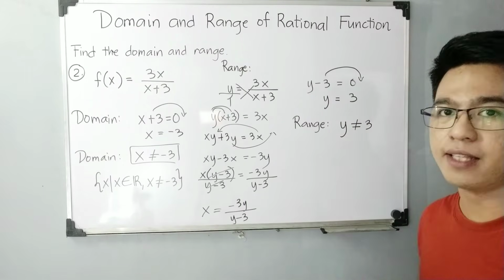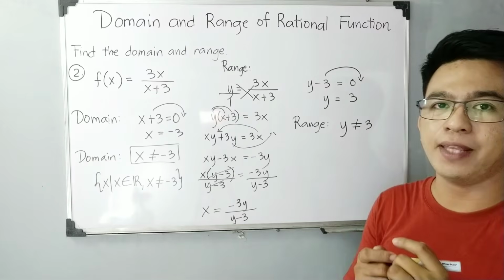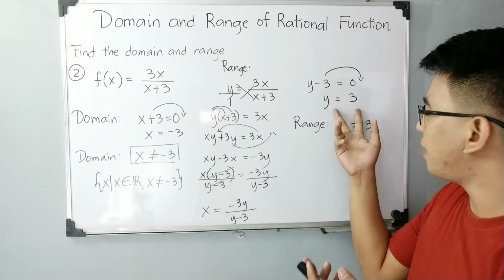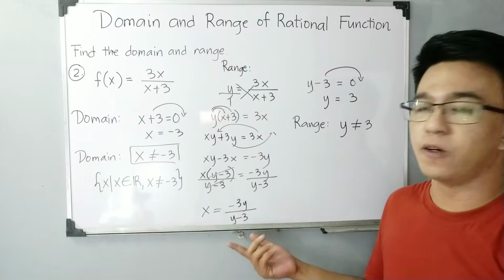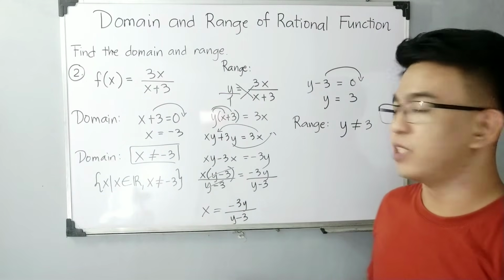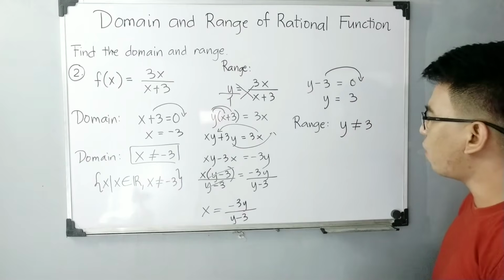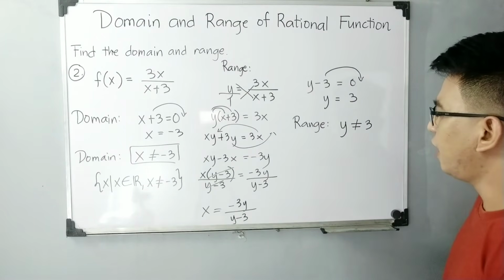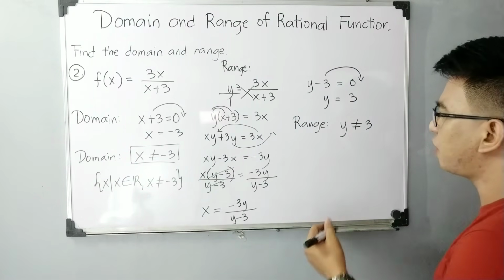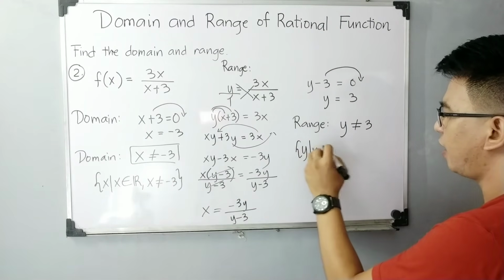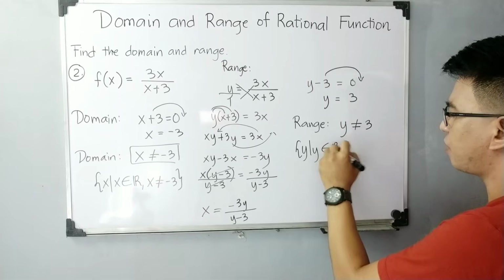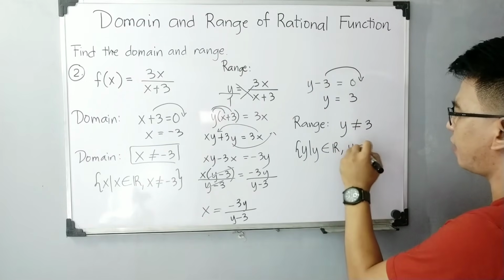Gets nyo naman, di ba, kung bakit hindi yung equal sign ang ginagamit natin. Again, kapag ito kasi ginamit natin range, y is equal to 3, if we replace it by y, magiging 0. So, magiging undefined na siya. So, ang range natin ay y is not equal to 3. And for the set builder notation, you have y such that y is an element of all real numbers wherein your y is not equal to 3.